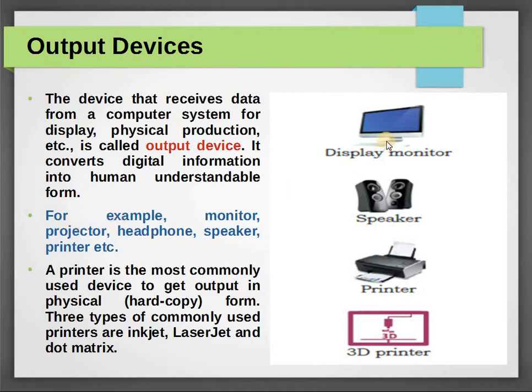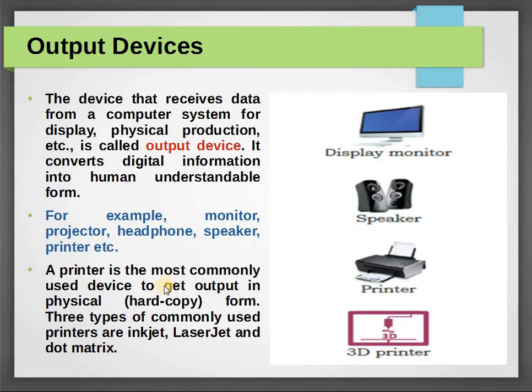Examples of output devices are monitor, speaker, printer, 3D printer, headphones, projector, and many more. A braille display monitor is useful for visually challenged persons to understand the textual output generated by computers.